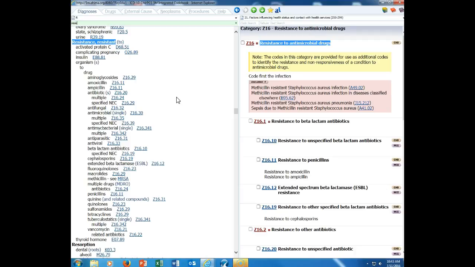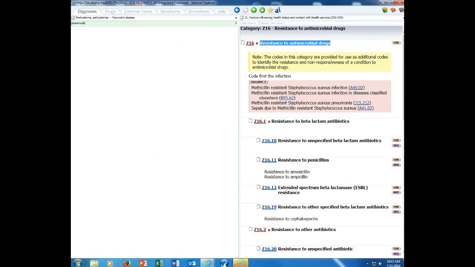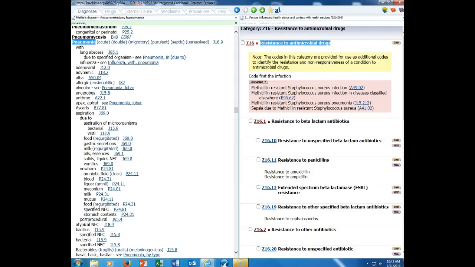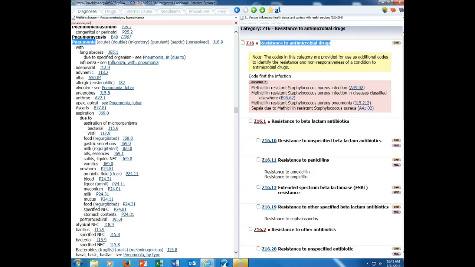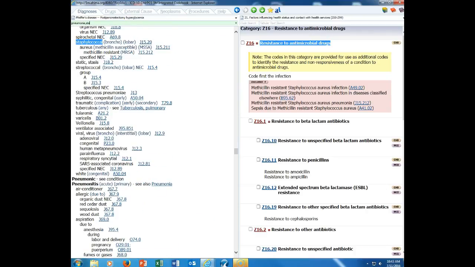So in the example we have, a patient admitted to the hospital with pneumonia due to MRSA. If I go to pneumonia, Staphylococcus aureus, methicillin resistant, then I will get the code J15.212.